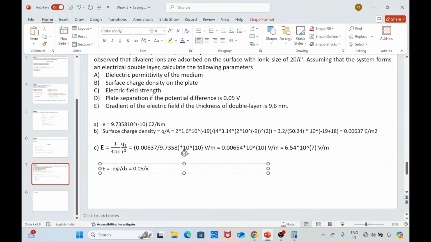I'm going to give this as x, but x here means plate separation, the distance between the plates. You know the value of the electric field strength, that is 6.54 times 10 to the power 7 volt per meter.